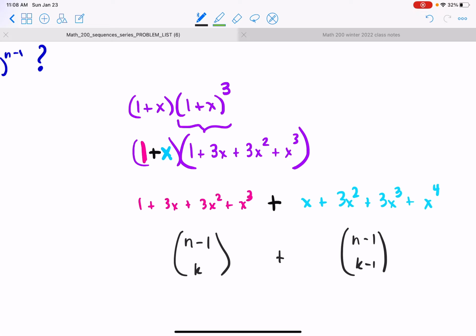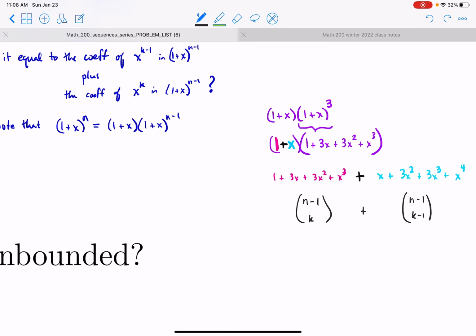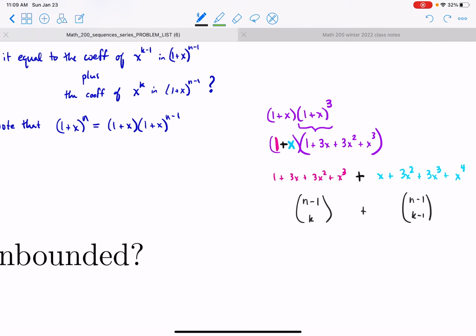Because this was the lower power. The blue one got up to power, and so it came from the lower power here. And so, that's the example. It really is multiplying this out and seeing that you get these two pieces. So really pause and think about that.